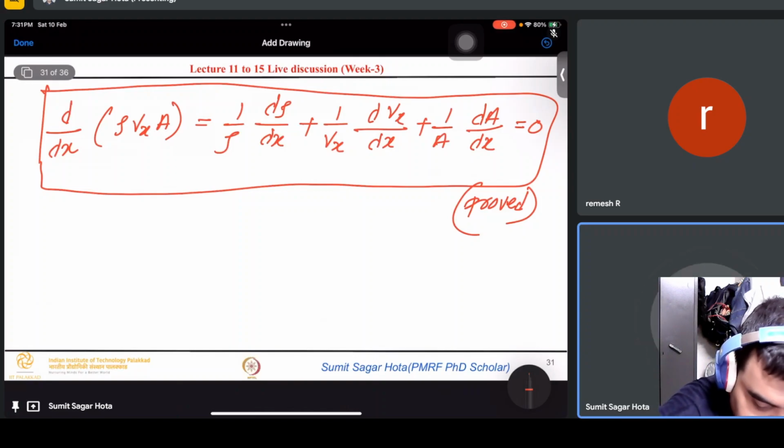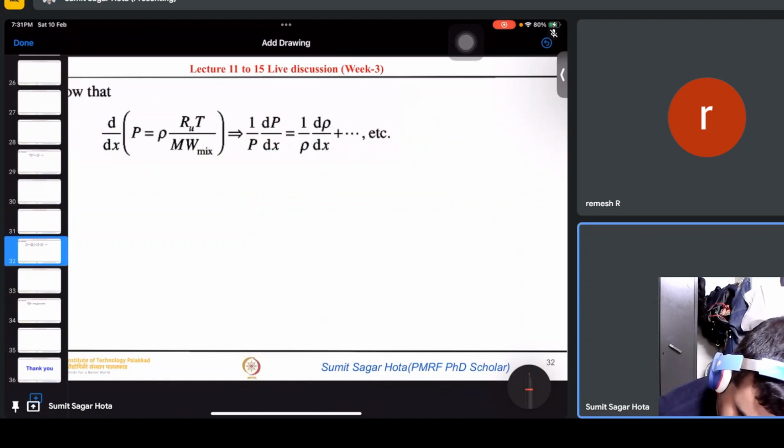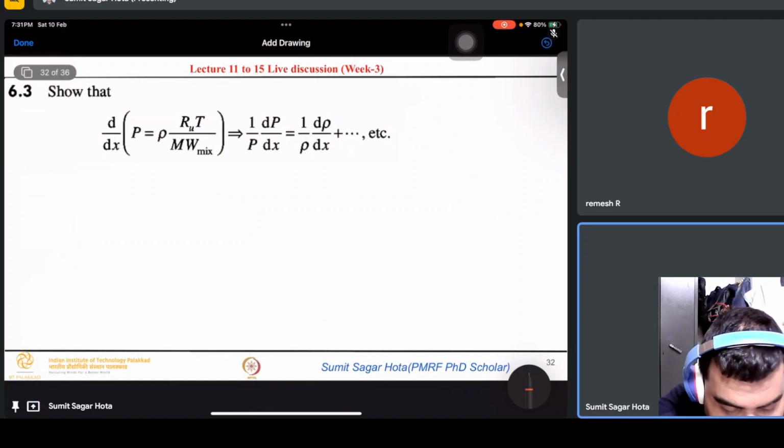Next question. Also a derivation. Here we deal with the ideal gas.